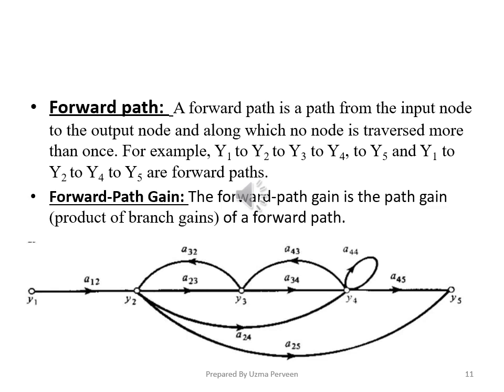Similarly, if we consider the second forward path y1 to y2, y2 to y4 and then y4 to y5, then the associated forward path gain will be a12 multiplied by a24 multiplied by a45. That is, all the branches encountered in this forward path, the product of these branch gains is called a forward path gain, that is a12 multiplied by a24 multiplied by a45.